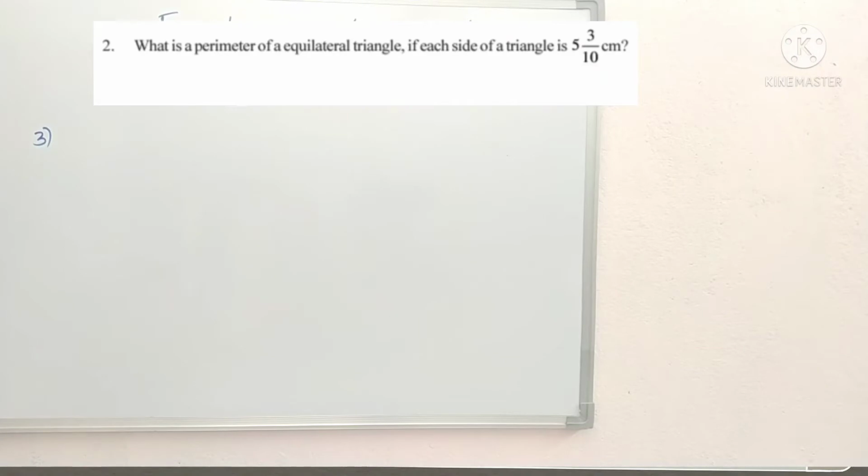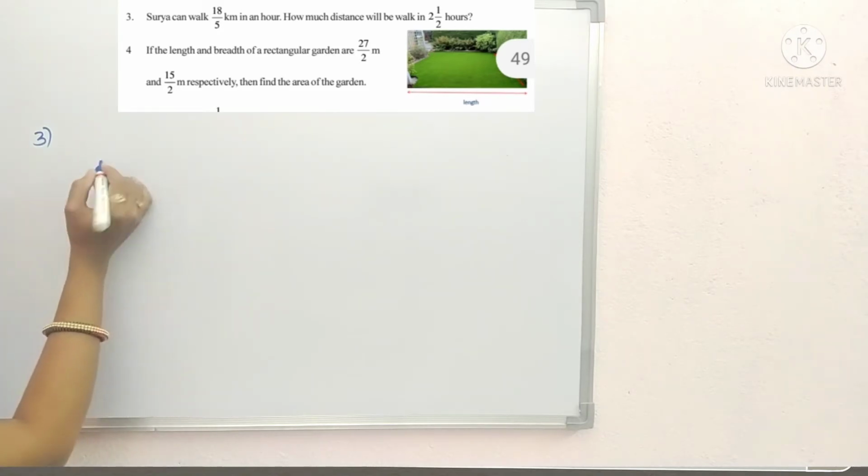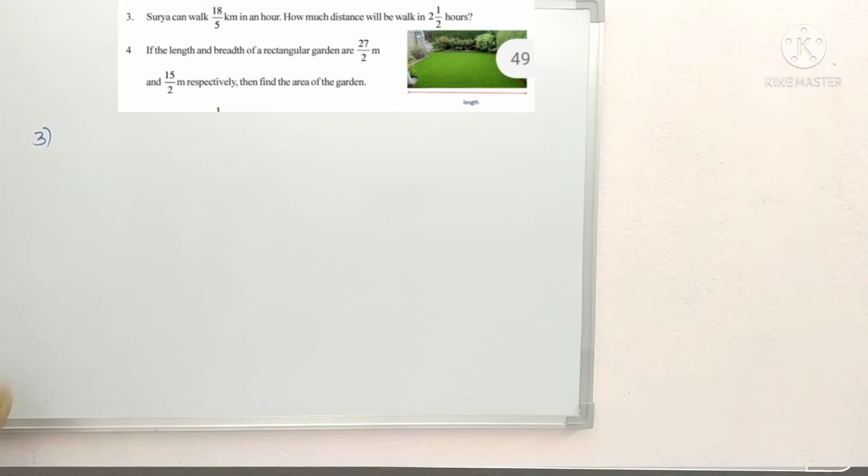So third problem: Surya can walk 18 by 5 kilometers in an hour. How much distance can he walk in 2.5 hours? In 1 hour he walks 18 by 5 kilometers. Here writing the steps is more important.